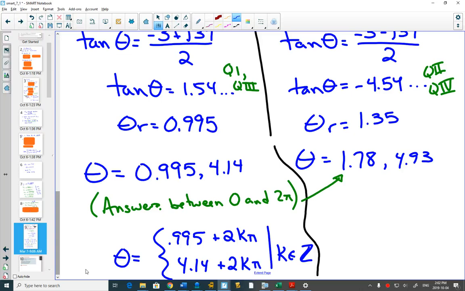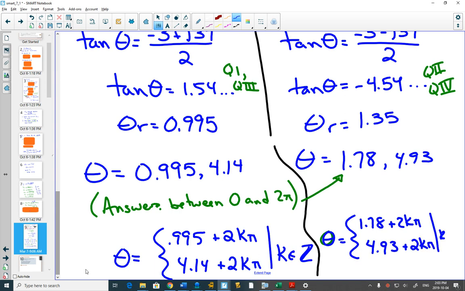So if we want to write all of our answers, we take our answers between 0 and 2 pi and add 2k pi, where k is an integer. So technically, the only new thing we did today was the plus 2k pi.